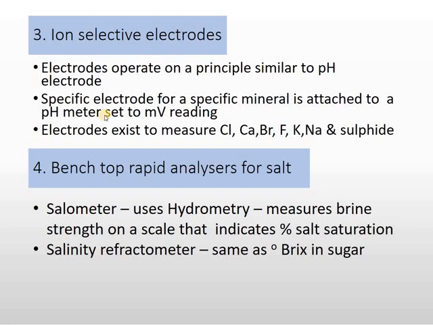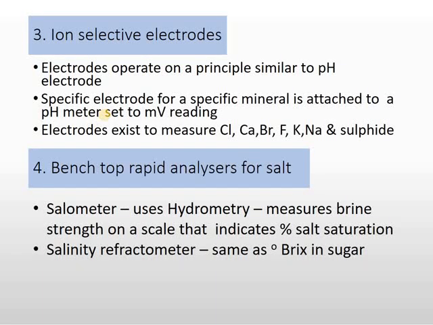And then we also have the ion selective electrodes, which I told you work on a similar principle as your pH electrode. As I already mentioned, through research a whole lot of things have been established, whereby they know that a specific electrode will work for a specific mineral.